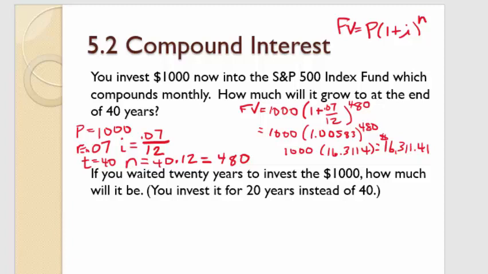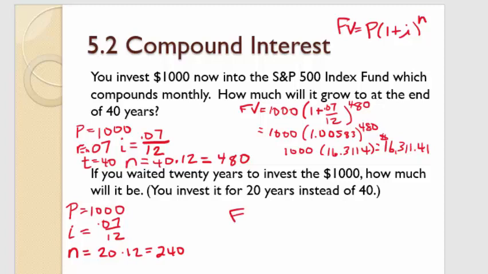Now let's say I waited 20 years to invest that $1,000. How much will it be? Well, my time is going to be 20 instead of 40. Everything else will stay the same. My principal is 1,000. The I is going to be 0.07 divided by 12. And my N, instead of 40 times 12, it's going to be 20 times 12. So that's going to be 240.